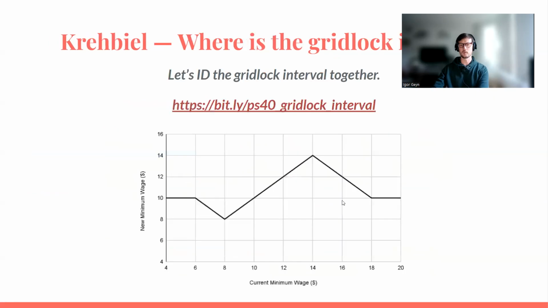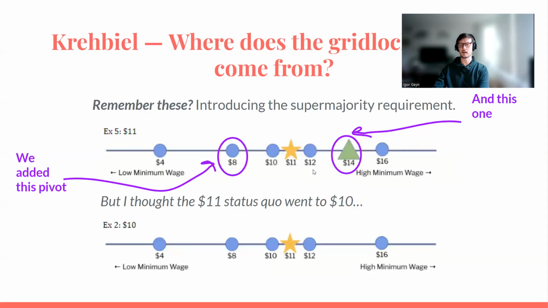So the same example that we talked about at the very beginning, I've got right here. Okay. In both cases, right, the status quo is $11. The minimum wage is $11. All the senators have the same preferences. But in this example, the policy that we end up with is $11, is the status quo. And in the second example, the policy that we end up with is $10, is the median's ideal point.